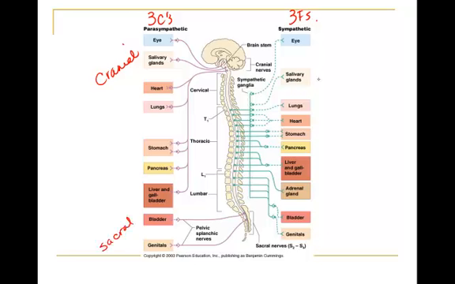The exit point for the sympathetic directly comes out of the thoracolumbar area. Now remember when we talked about the plexus, we said there was no plexus in here? That's part of the reason why there's no plexus in there. So the sympathetic side is going to come out here and here. The parasympathetic side is going to come out here or here.